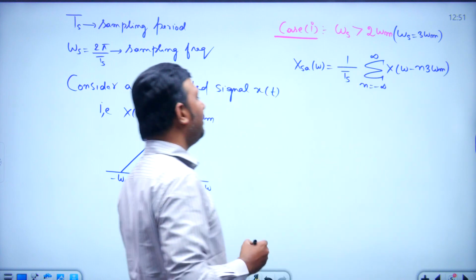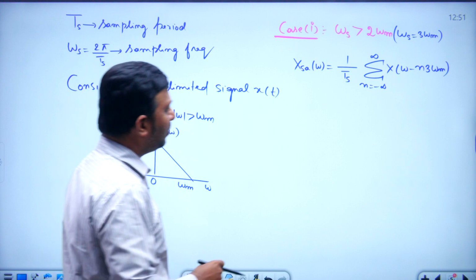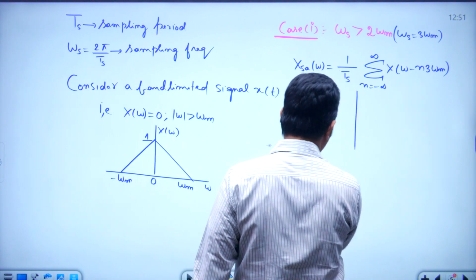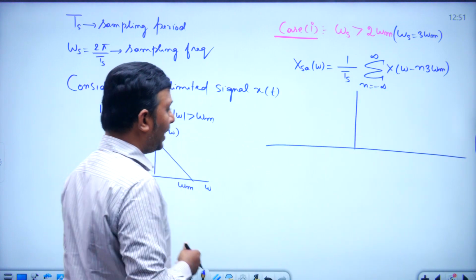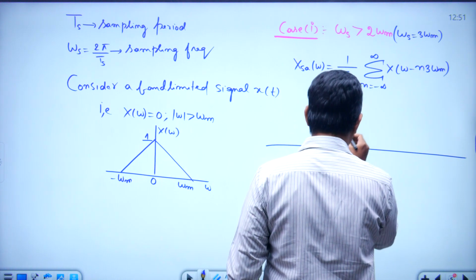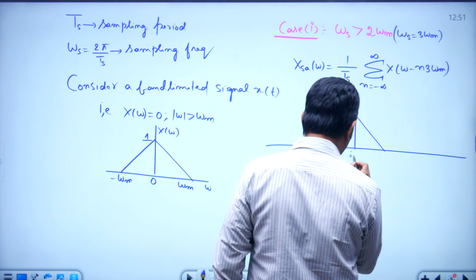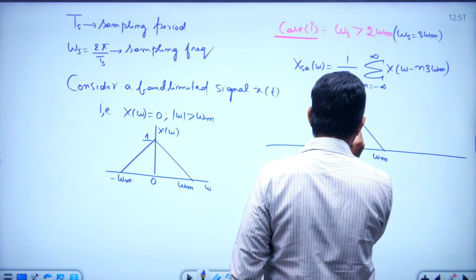Now let us draw the spectrum by giving different values of n. What happens if I substitute n is equal to 0? I will get X of omega, the original spectrum, but weighted by 1 by Ts, from minus omega m to omega m.